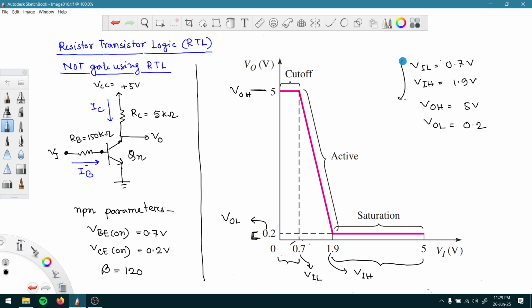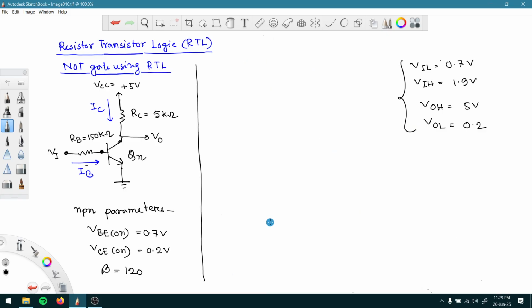And using these values we can also find the value of noise margin, right? If we try to draw the same thing we had drawn in our previous lectures, we had logic levels defined in terms of 0 to 5 volt, both for input and output. So let us try to do that.